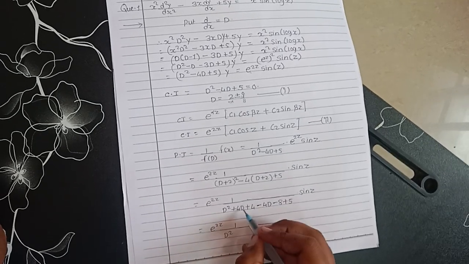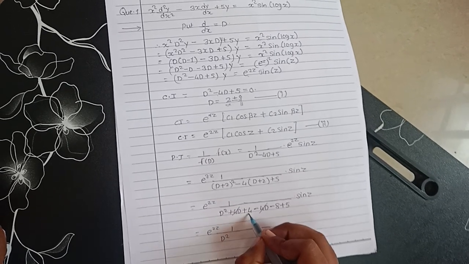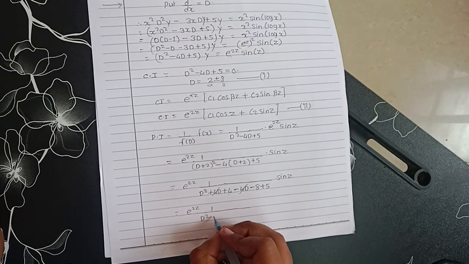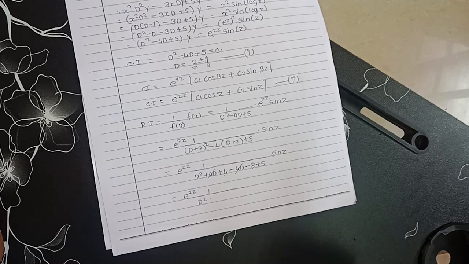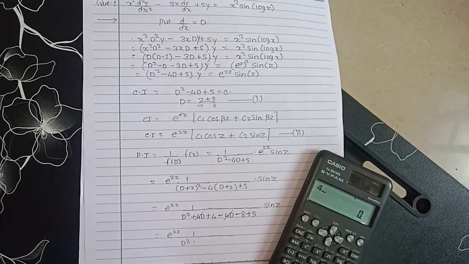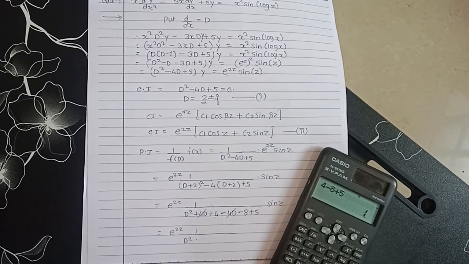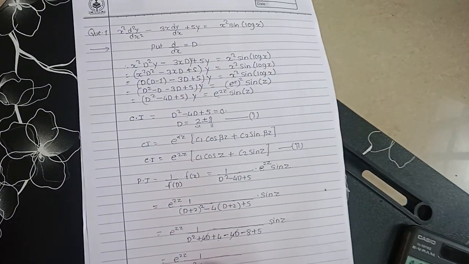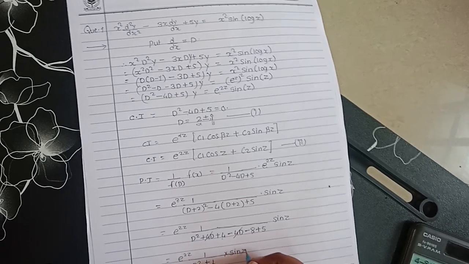Which becomes e raised to 2z 1 upon D square plus 4D minus 4D gets cancelled. This is plus 4 minus 8 plus 5, which is equal to 1. So here D square plus 1 into sin z.